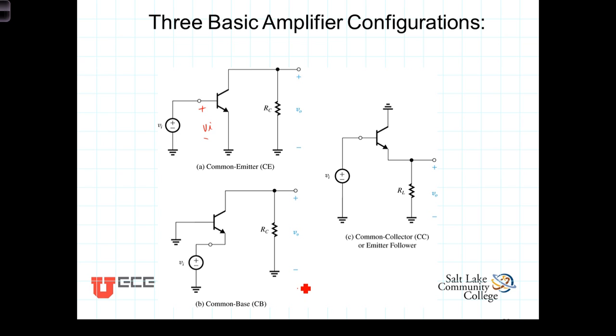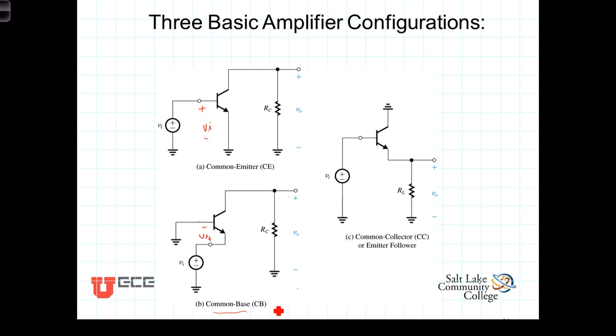In this configuration here, both the input voltage and the output voltage Vout are referenced to the grounded base. So the input voltage referenced to ground and the output voltage referenced to ground, with the base grounded, gives us the common base configuration.